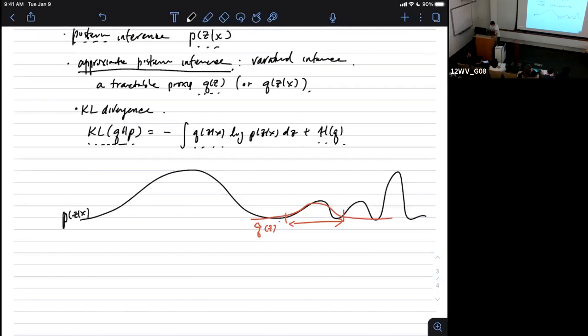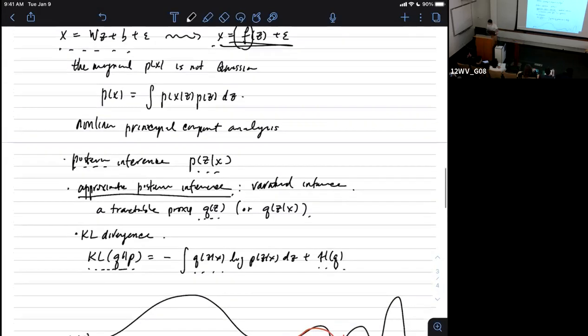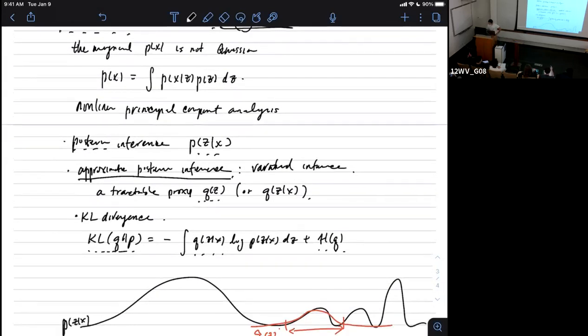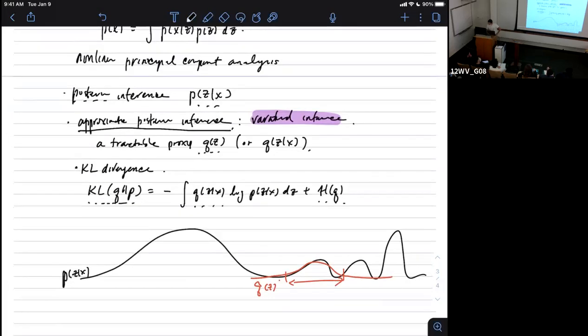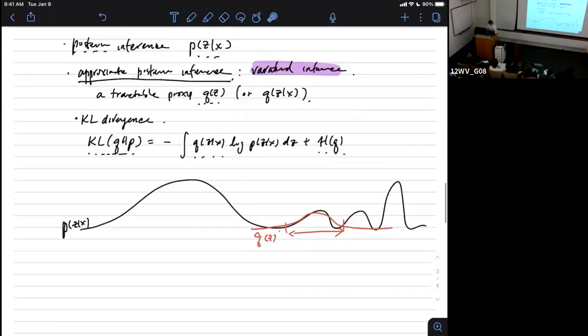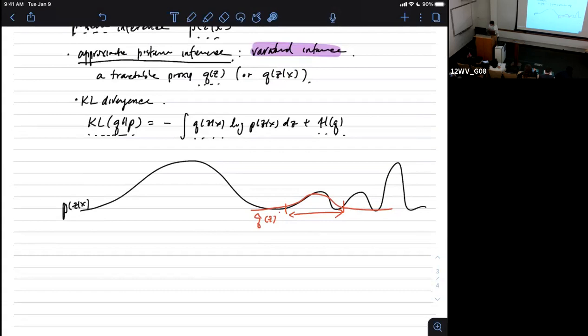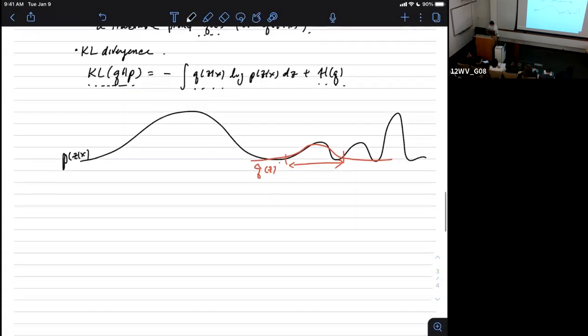All right. So what do we want to do in variational inference, the approximate inference? It is to minimize this KL divergence from Q to P with respect to Q. So we're trying to find the Q. It turns out to have a very interesting property.